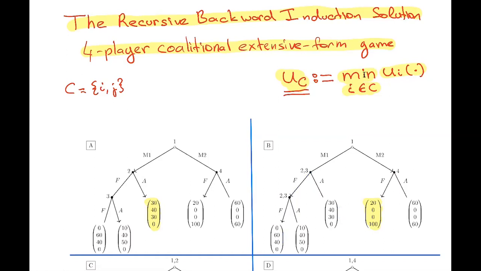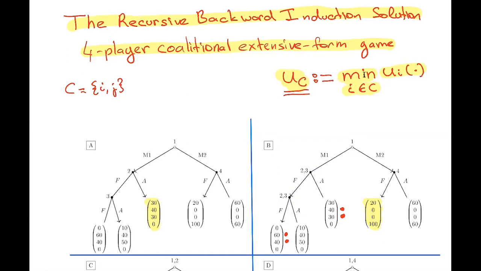So let me just show you this payoff. Player 2 is better off here compared to the backward induction outcome over there, and player 3 is also better off here. The notation 2, 3 signifies the cooperation between player 2 and player 3.